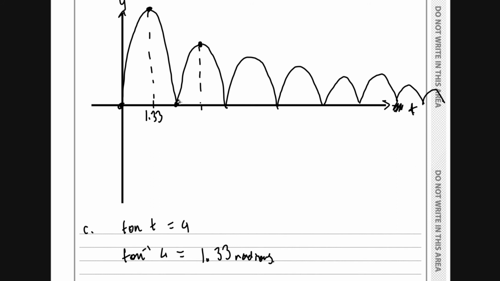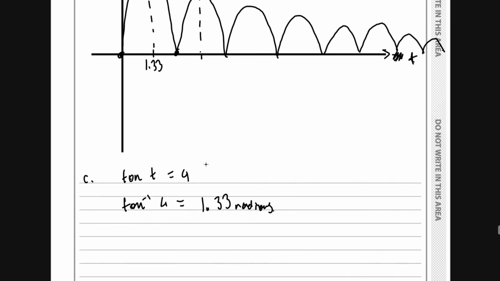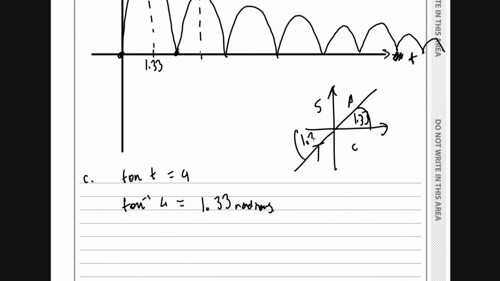that gives the highest value of h(t). And to do that, we need to remember the fact that the tan graph repeats every pi radians. You can use the CAST diagram, and what we'd do for this is 1.33 radians here, 1.33 radians here, and you just add on pi to 1.33 radians in order to give us this angle here.